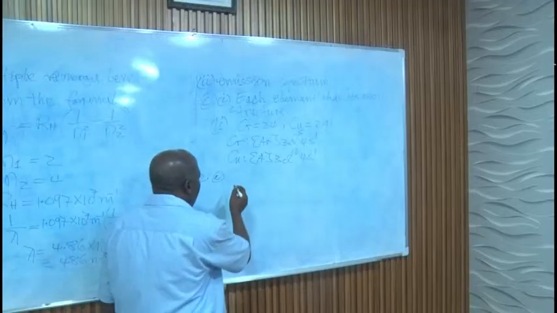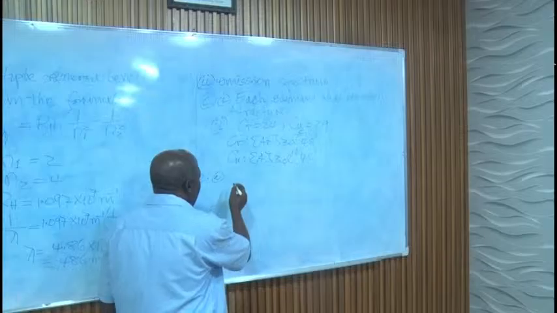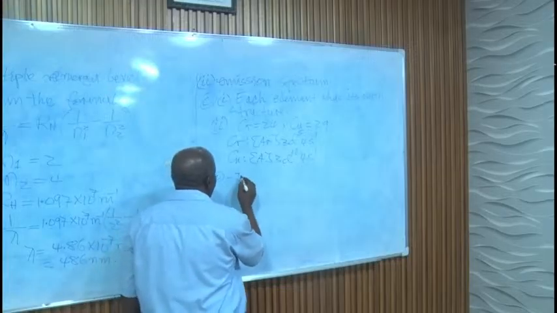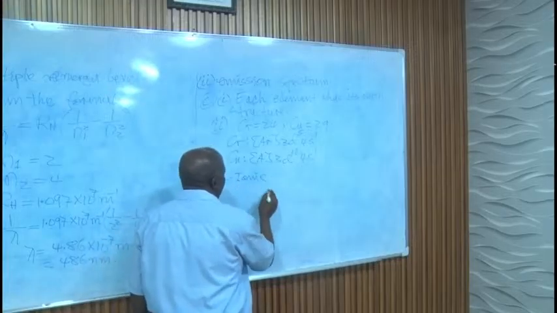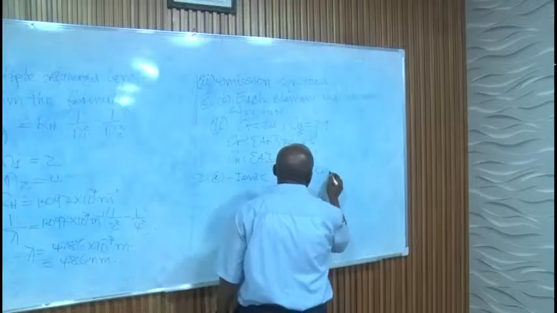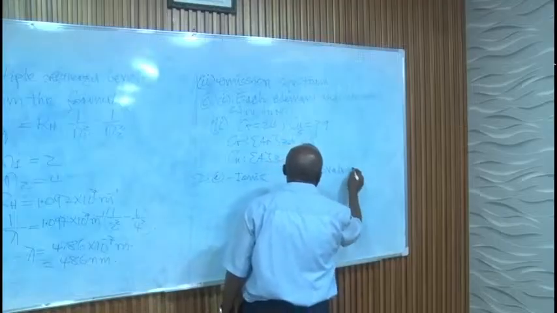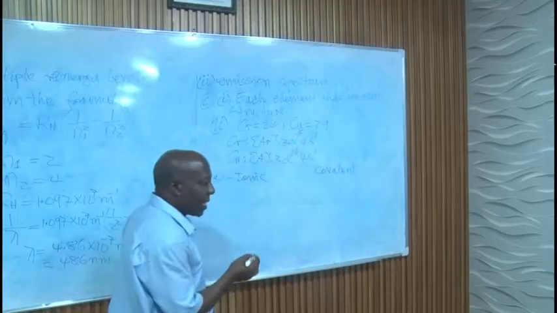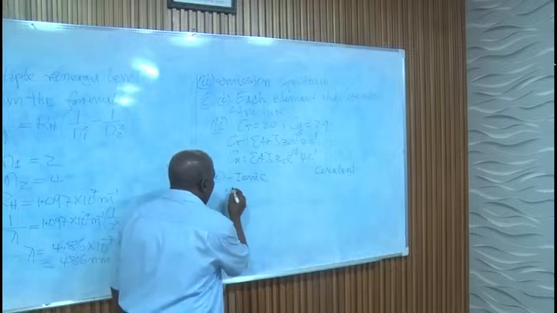Now, ionic compounds, then we have covalent compounds. Ionic compounds are generally solids.